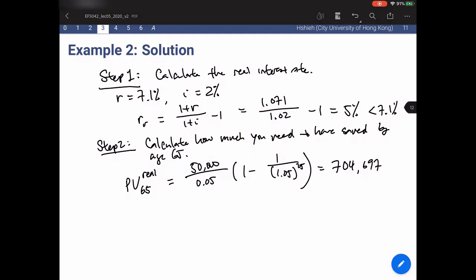Of course, we can convert these real dollars into nominal dollars simply by adjusting for inflation. That means growing by the inflation of prices as we age from age 30 all the way to age 65.